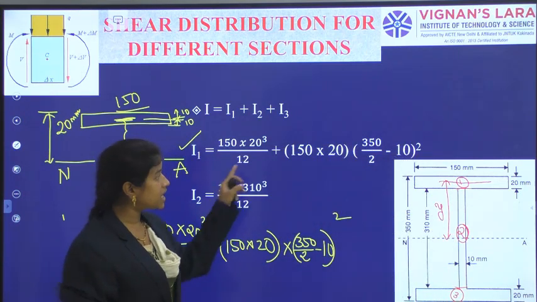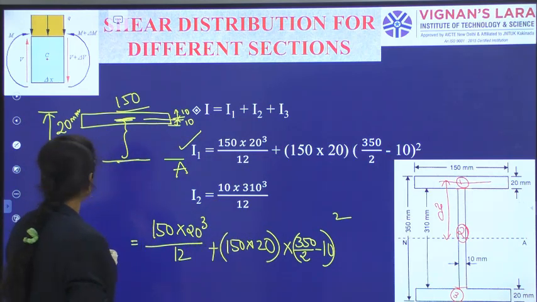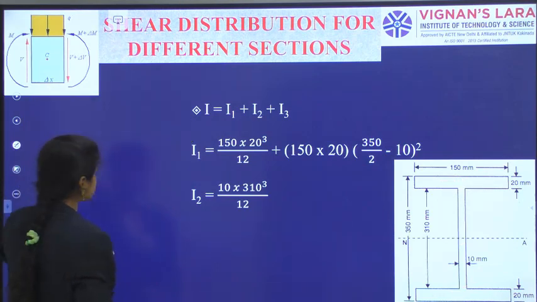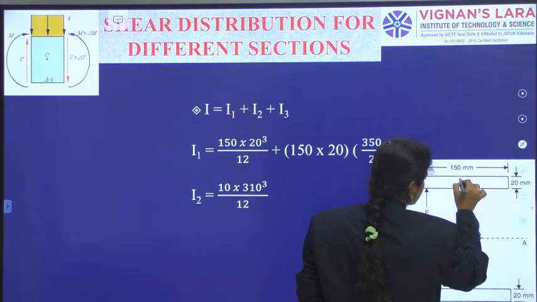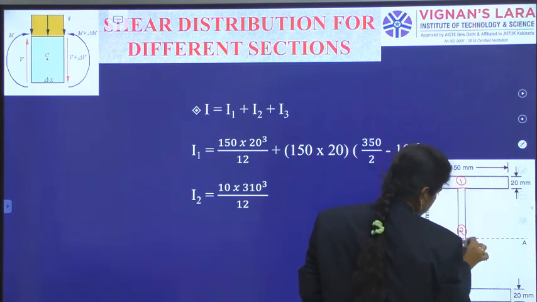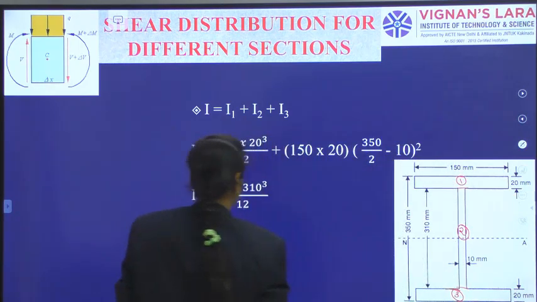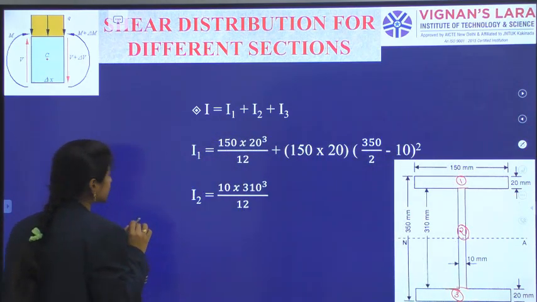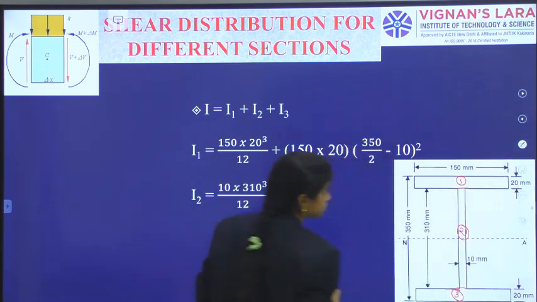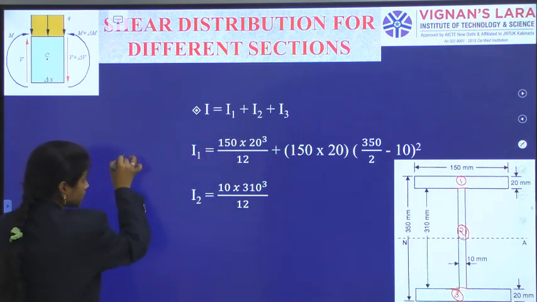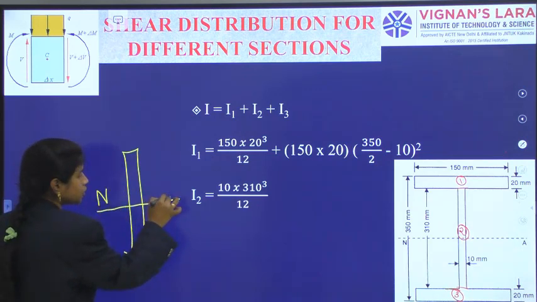Okay, now for the second, what is the second one? That one is the web. For the second portion, I take only the web portion and indicate the neutral axis.